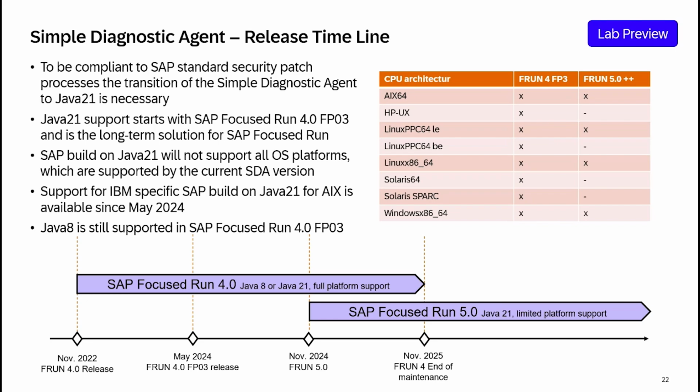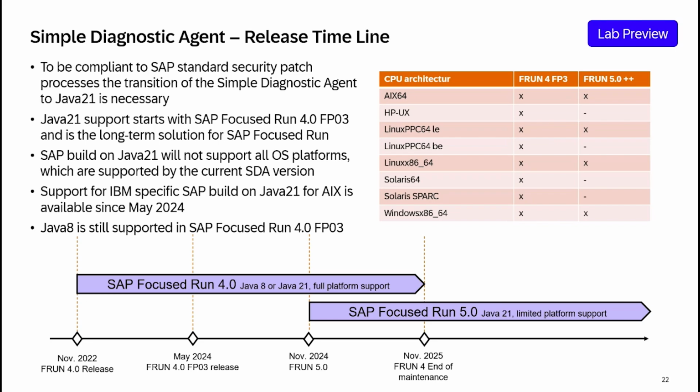So not all platforms that are currently supported by the simple diagnostics agent will then be also supported with Focused Run 5.0. You see it here on the right side. So you will not have the possibilities then on HPUX, on Linux, PPC, 64BE, Solaris 64, and Solaris Spark.